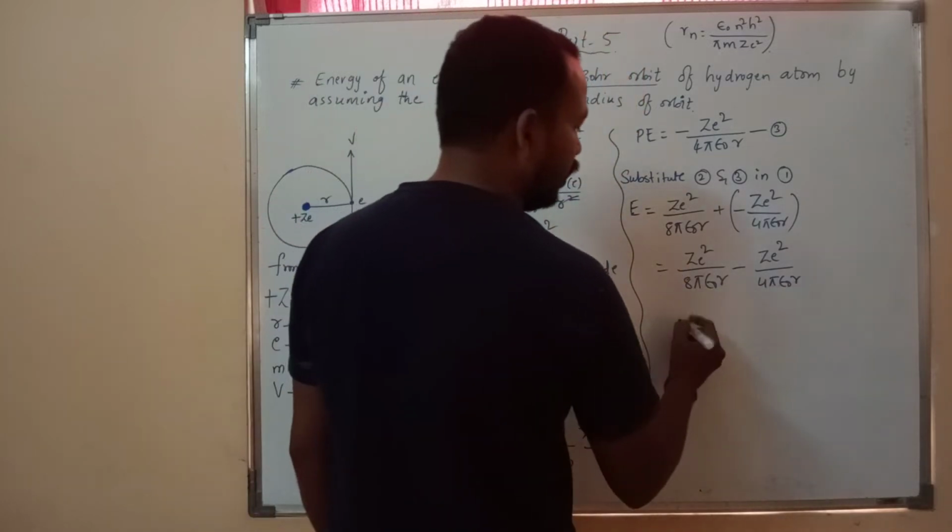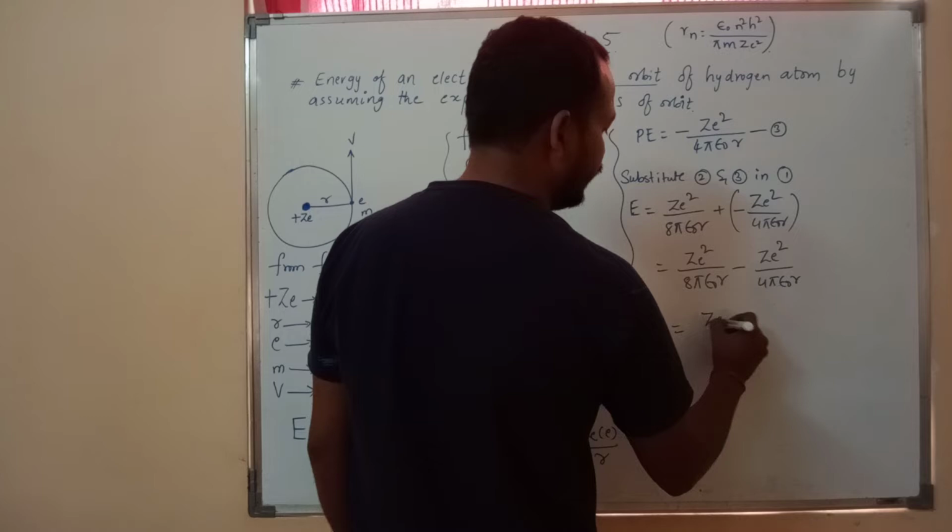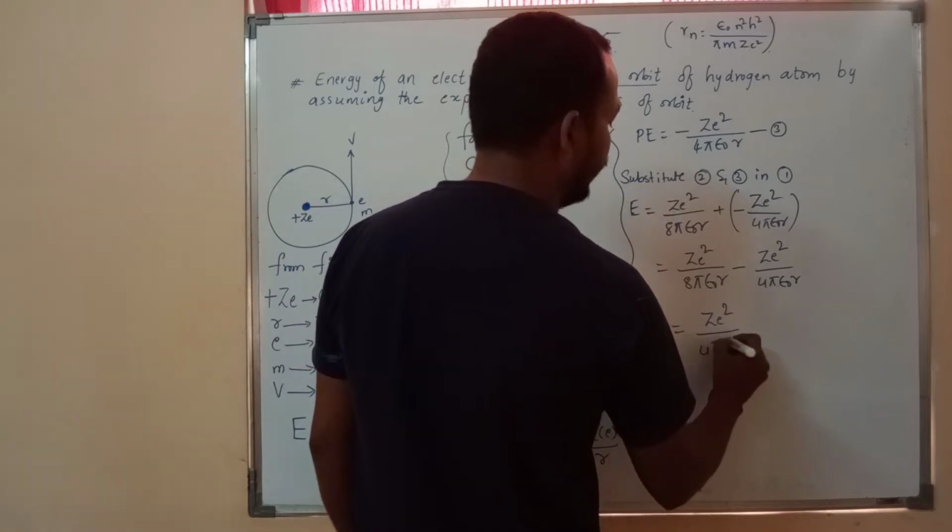So among these two I will take common Z square upon 4 pi epsilon naught r.